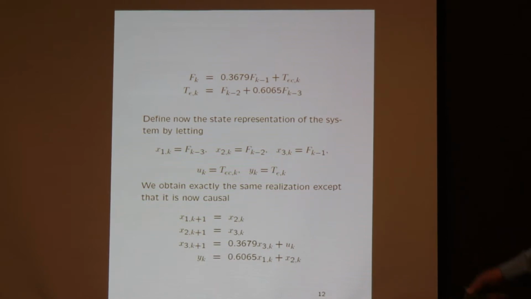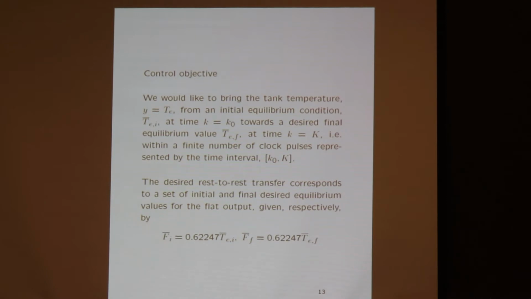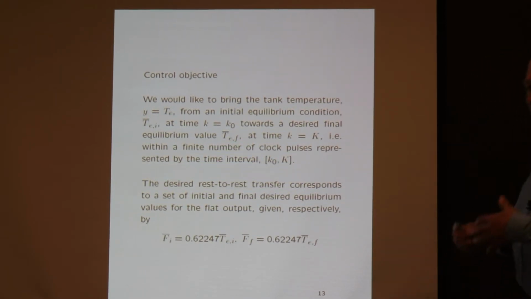And this is the representation of the system. So that makes things very simple, because the analysis we had from the equilibrium and all that is still valid here, equally as valid because the state representation is the same.